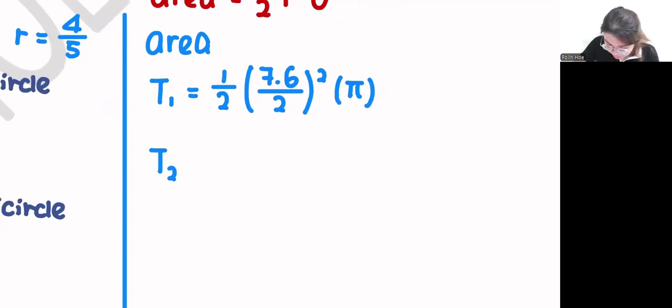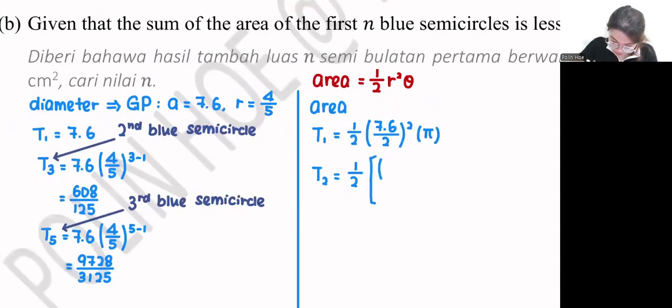T2, 1/2. Okay, this one has 3 layers. My T2 is 608/125.